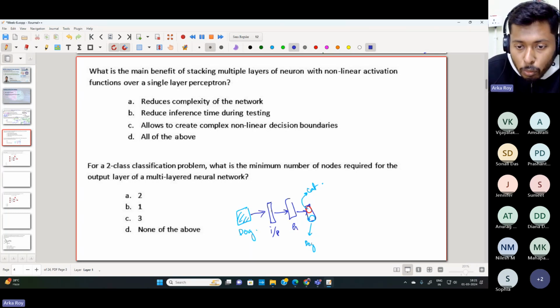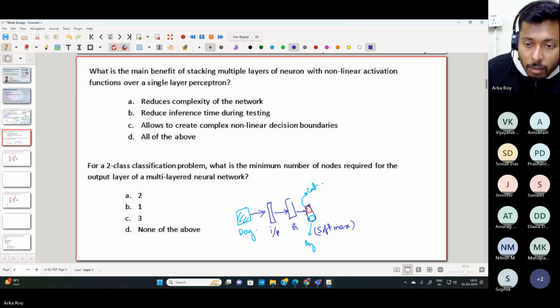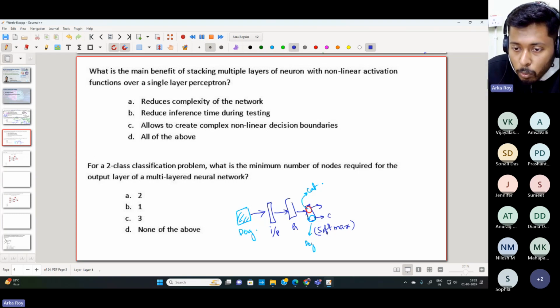So over here you can use the softmax function again. If you use the softmax function, you will get two probability values. If the image belongs to dog class and your model is performing very well, then it has to give the correct classification that the image belongs to dog class. So your softmax output will be high, let's say 0.9.